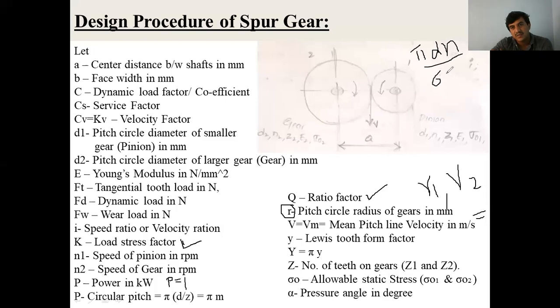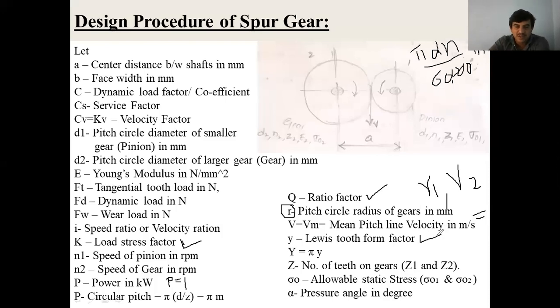Here d is considered in mm, then it is divided by 1000 again, so it becomes 60,000. Then we get the result in meter per second.